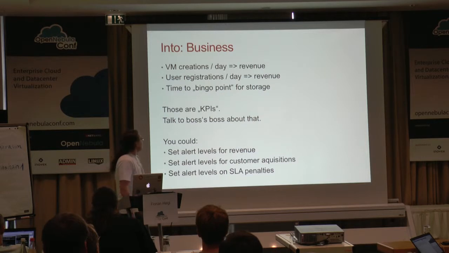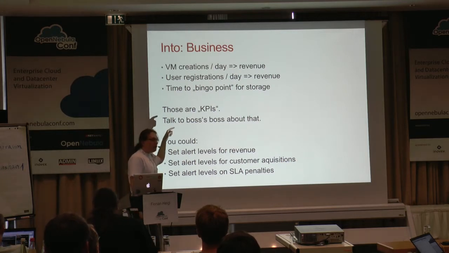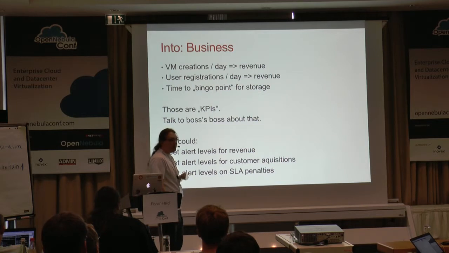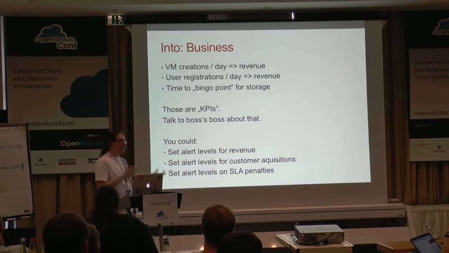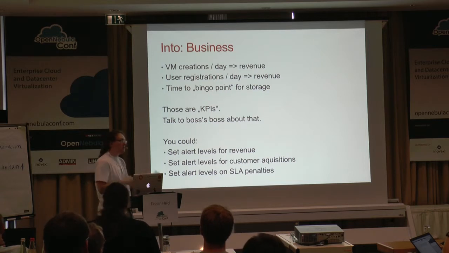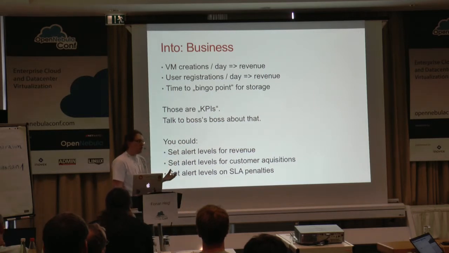While I was thinking about that, it got quite interesting. You can, of course, take the number of running VMs or creations and calculate revenue from it, or at least pass the data to the people who can, and not as an Excel sheet or a report, but give them live access if you want to. You can also help with storage.